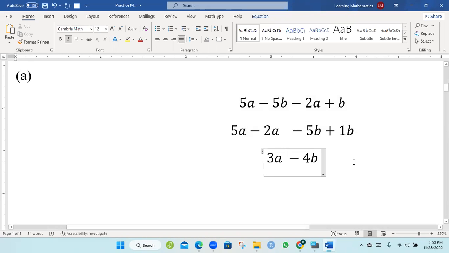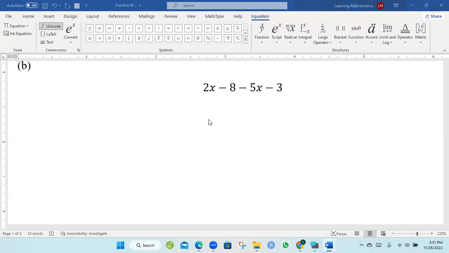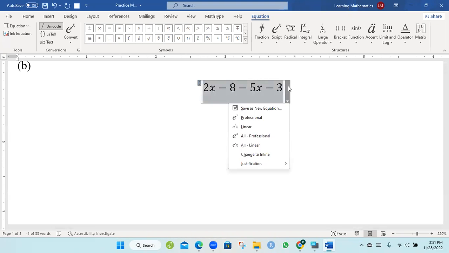So let's go to part B. B is equal to 2x minus 8 minus 5x minus 3. Clearly, 2x and minus 5x are like each other because they both have x.